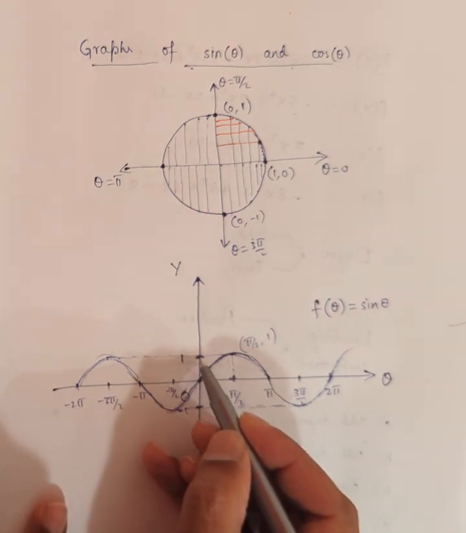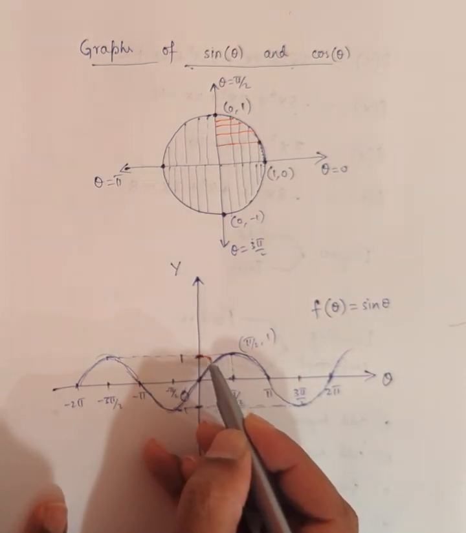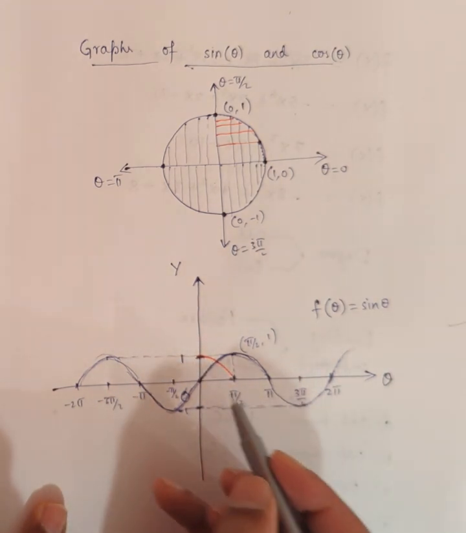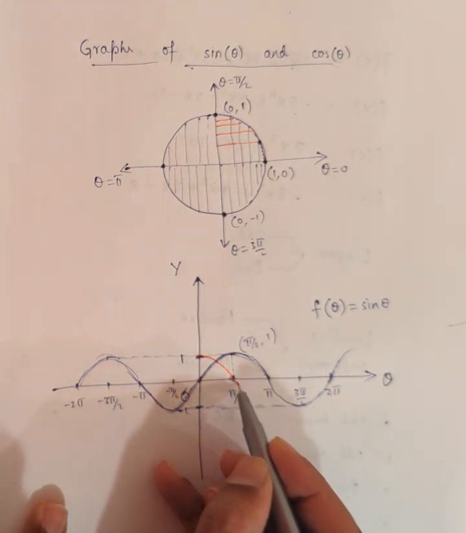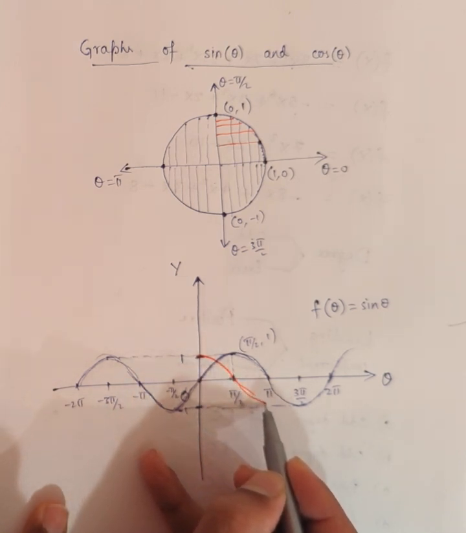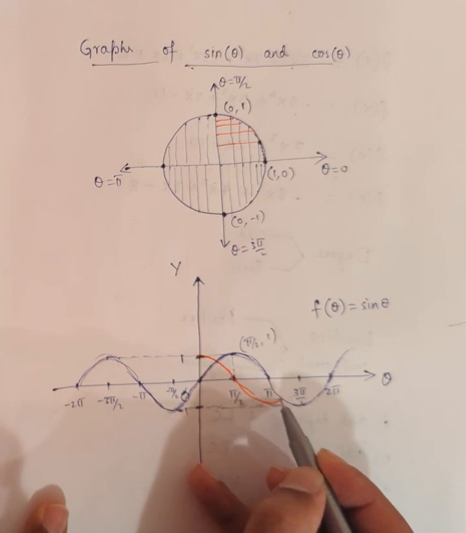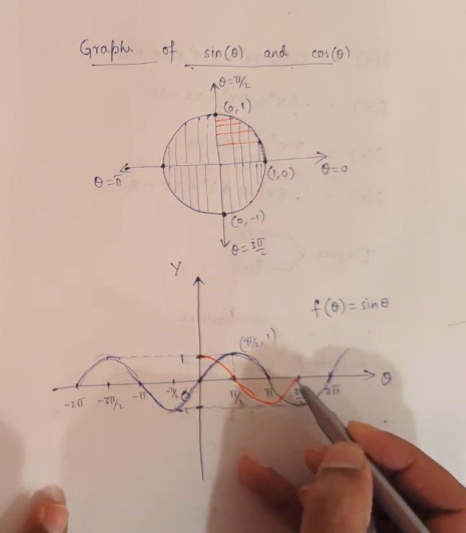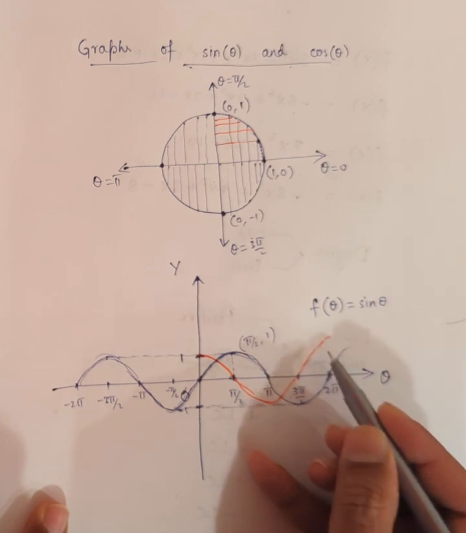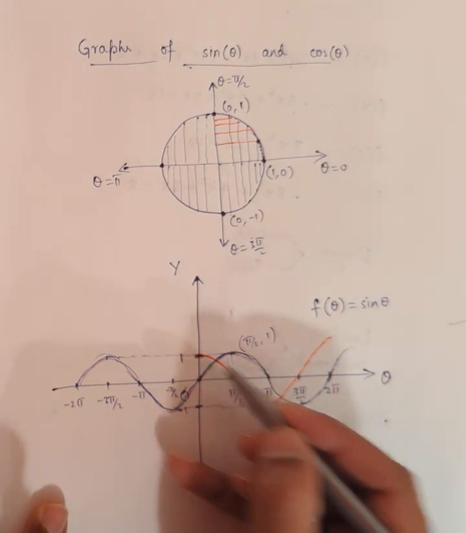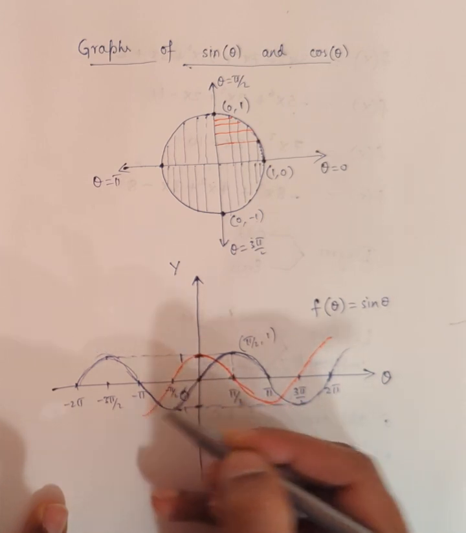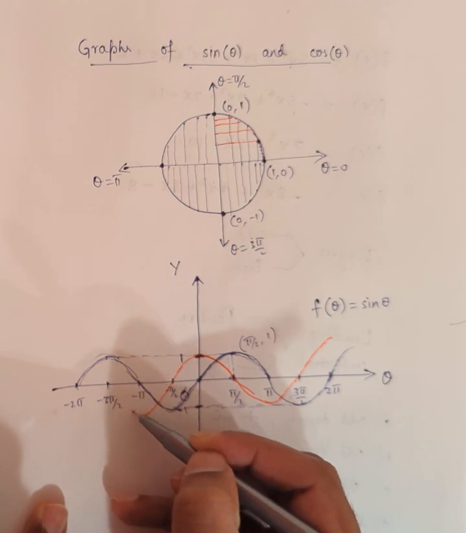So cos starts at 1 and then goes down to 0 at pi over 2, and the same behavior repeats. So it's the same graph, but it has been shifted. That's the graph of cosine theta.